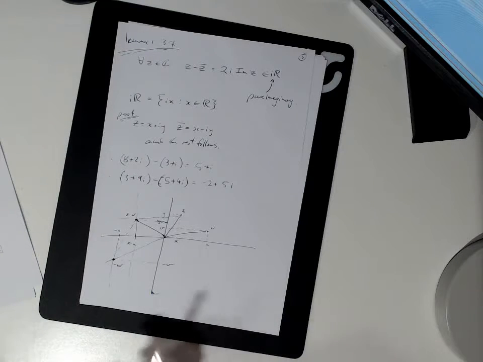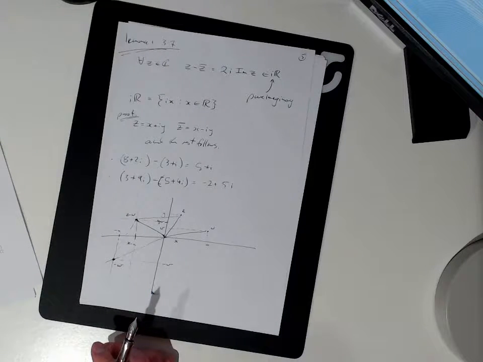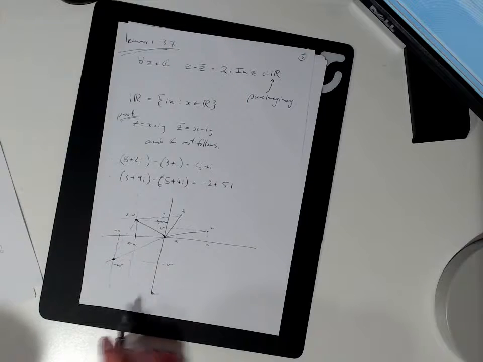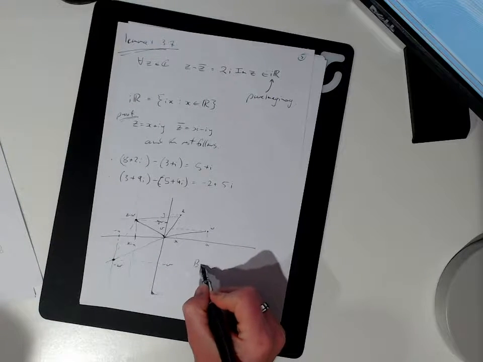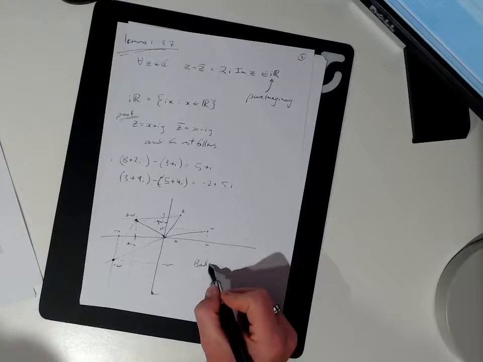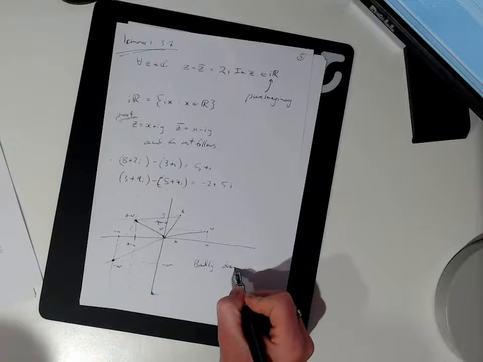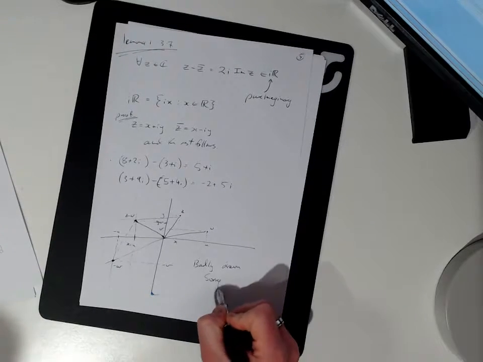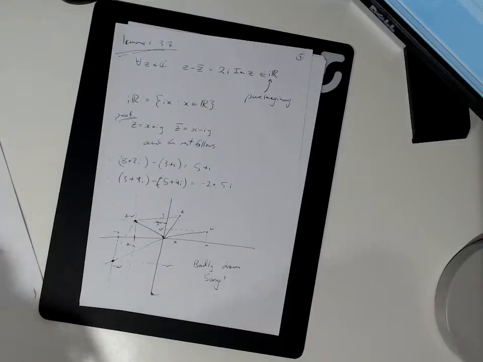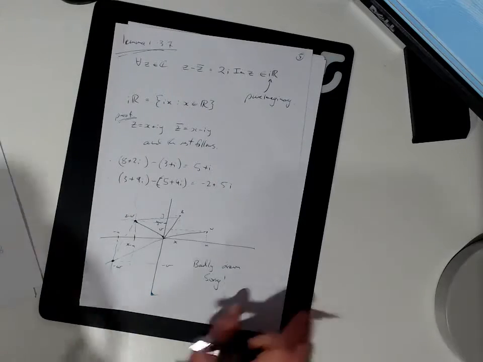So, vector addition again. Sorry, it's a bad diagram, badly drawn. Sorry. Okay.